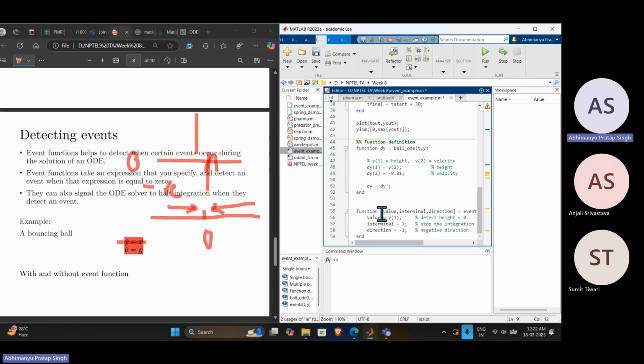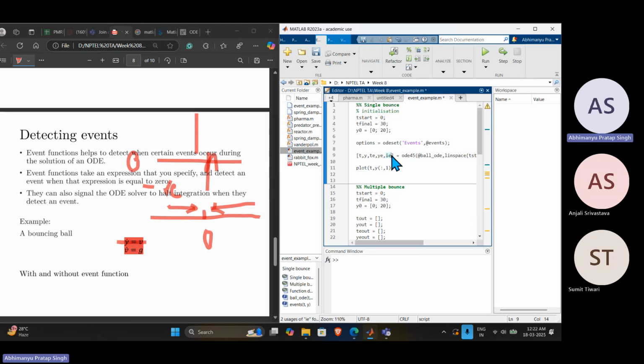If terminal is set to zero, it will just count that: the event has happened once, and now the integration is continuing. Again a zero crossing happens, it will count that again. So how many times the zero crossing is happening, I can get as output in IE.